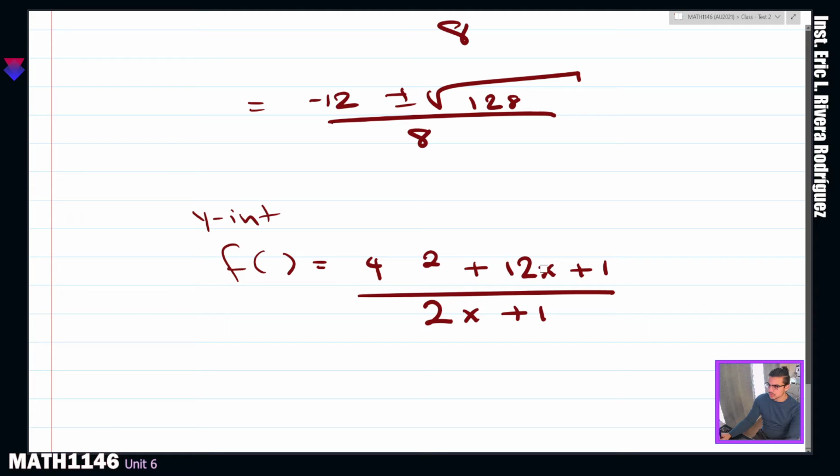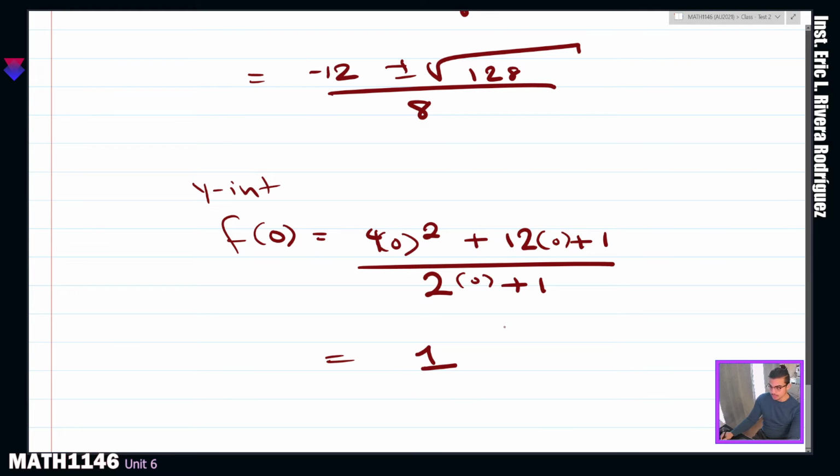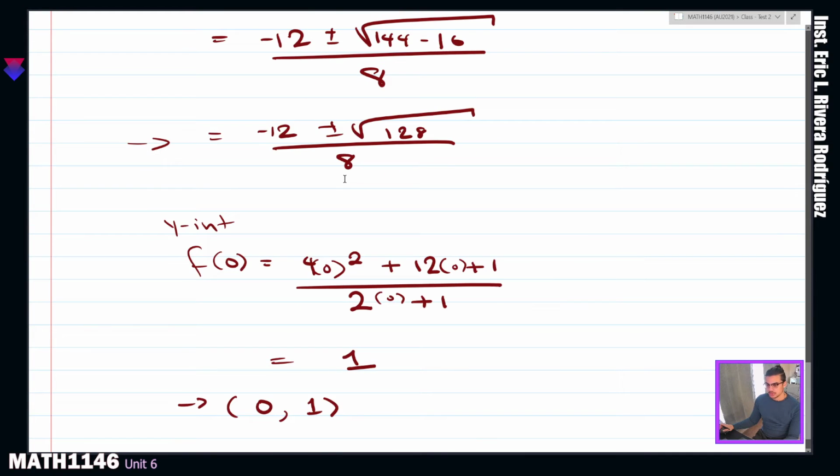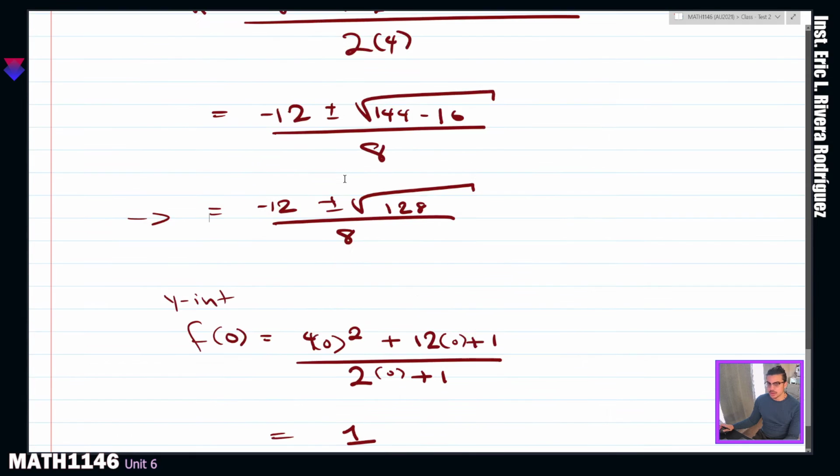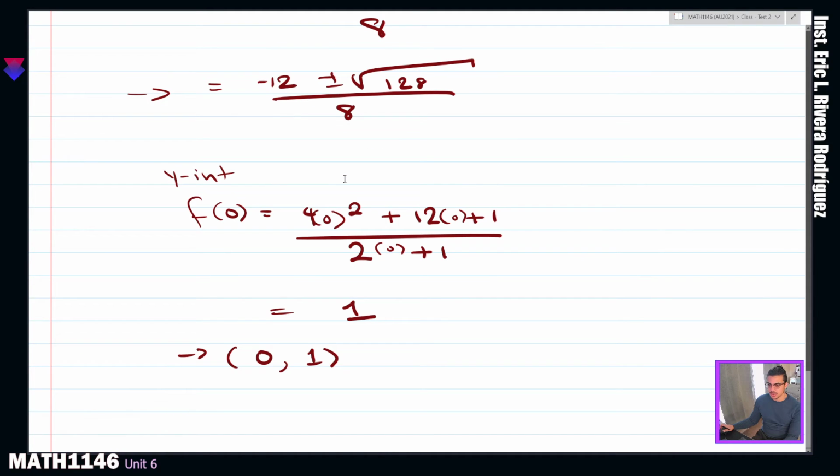So the y-intercept is a value that you want to use, because this is going to give us 1 over 1. Hence the y-intercept is (0, 1). So this one is a point that you want to use. These 2 points that you're getting here, you don't want to use them. All right, so now we are ready to find the key points.